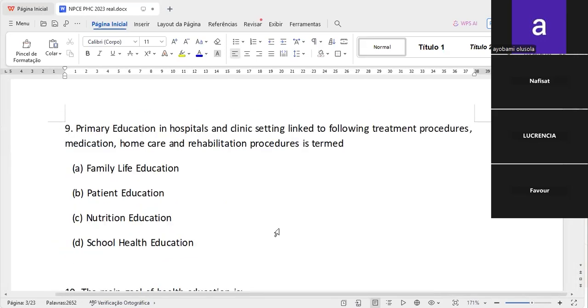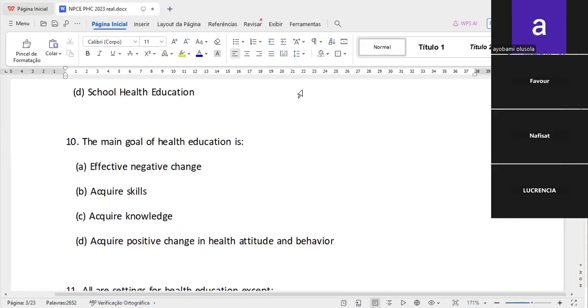Patient education in hospitals and clinic setting linked to following treatment procedures, medication, home care, and rehabilitation procedures is termed patient education. Correct. They do this a lot in primary health.